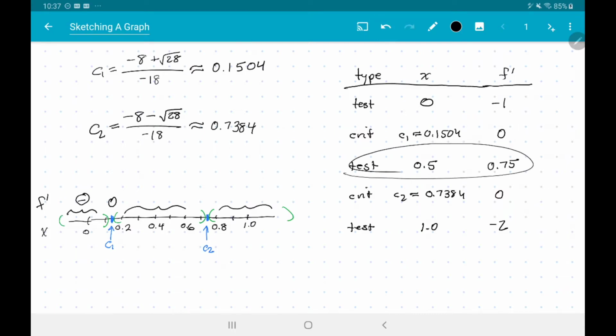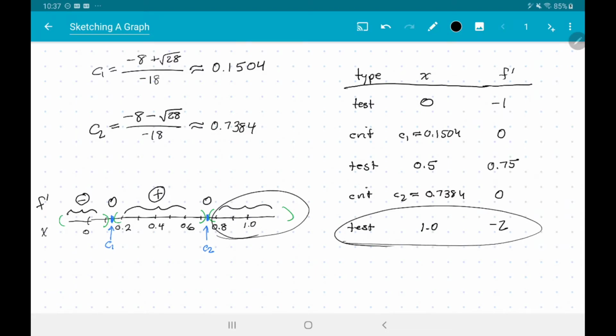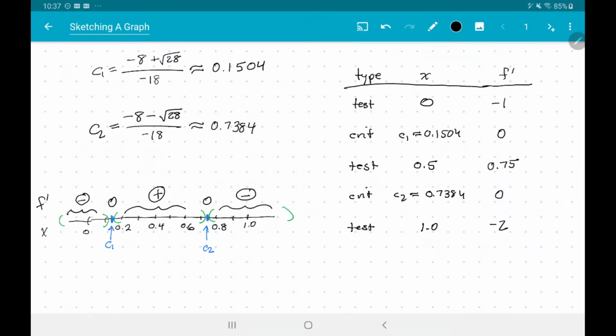At the second test number, which is testing this interval, f prime came out to be 0.75, which is positive. Then at this critical number, f prime is 0. And finally, in this last interval, I'll look at this row and this test number, and this value of f prime is negative. That's the negative 2. So I'll write a little negative sign there.